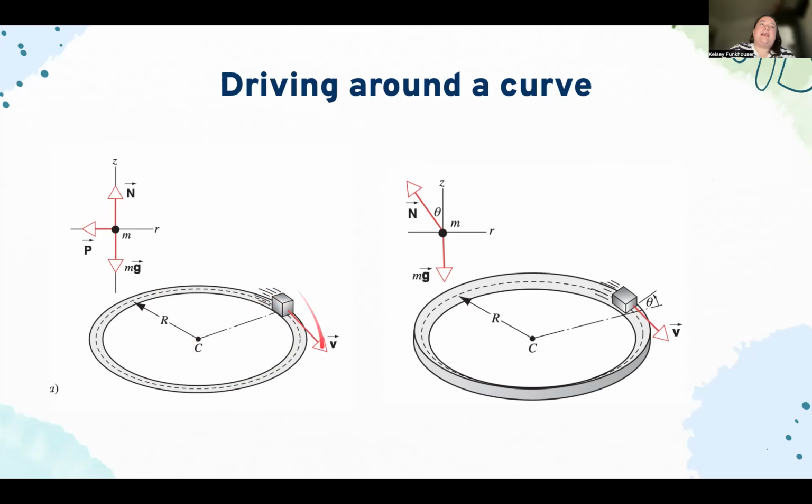So the motion is like tangential or along the circle, but the static friction force prevents it from moving out of the circle, and that's what keeps it going in circular motion.